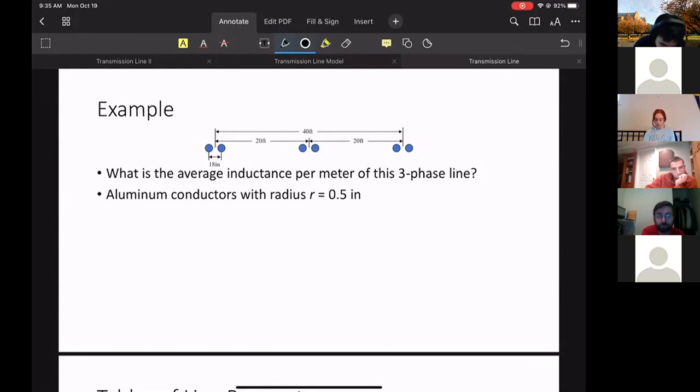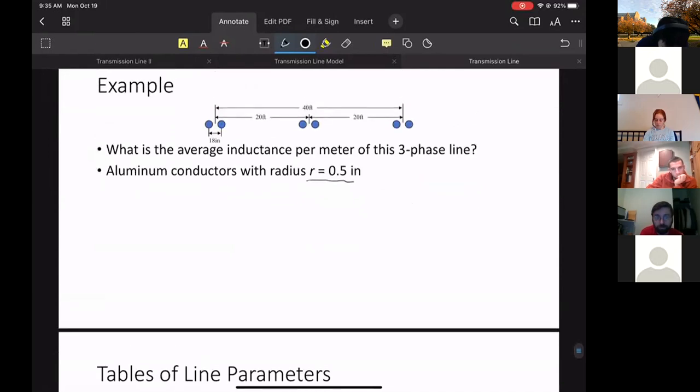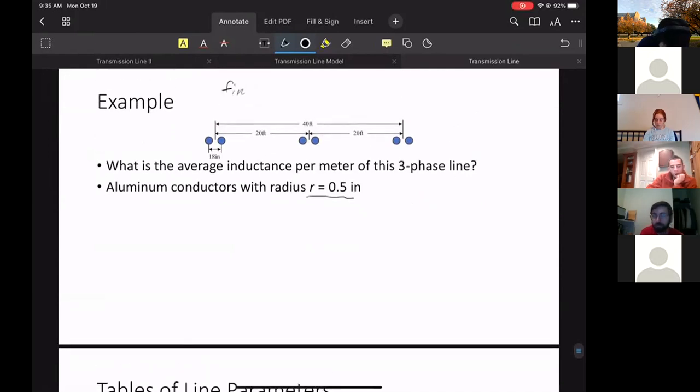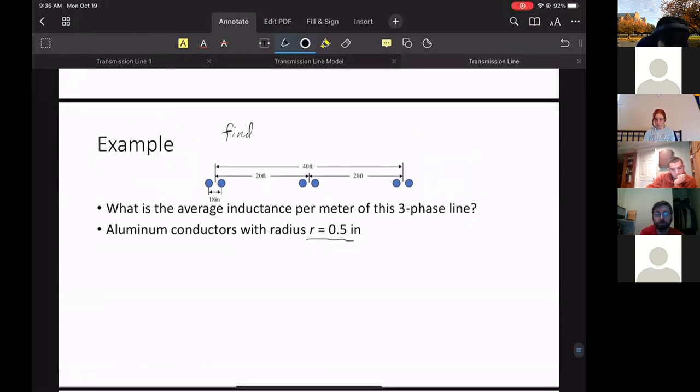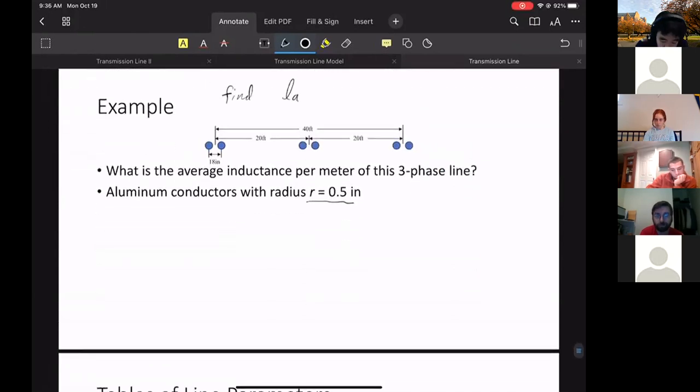Each of the lines has a radius of 0.5 inches. We want to find the value of the inductance, for example LA, for phase A of this three-phase line.